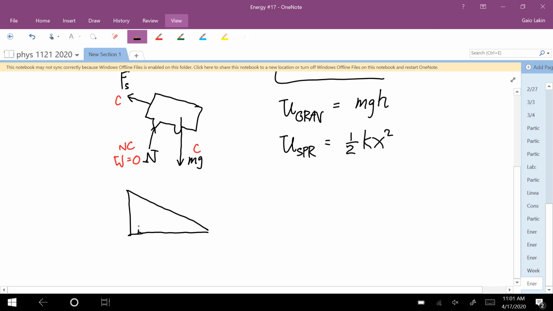If we think of the spring's resting length as here, I'm going to call that 0 x, and positive x is going to be like this, okay?